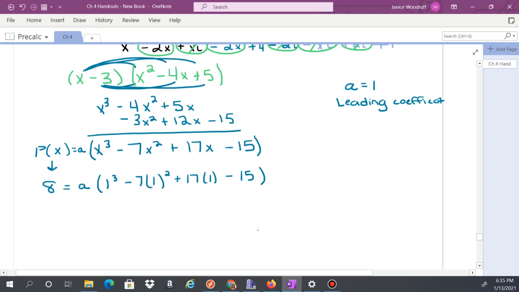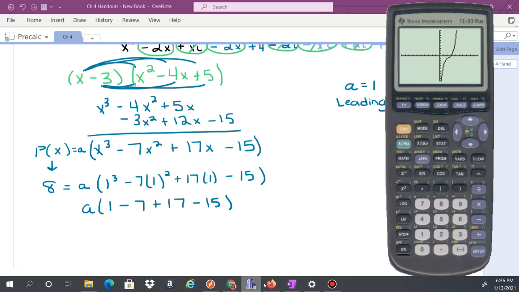Okay, so we go through and we try and solve this. We've got, let's see, 1 cubed is 1. 7 times 1 squared, that's negative 7, plus 17, minus 15. 1 minus 7 plus 17 minus 15.